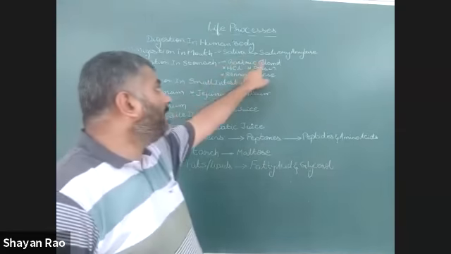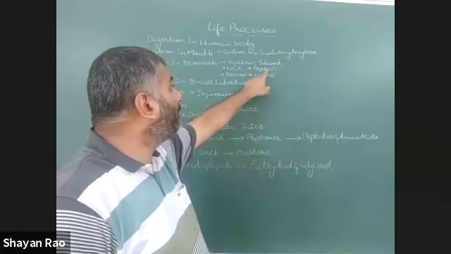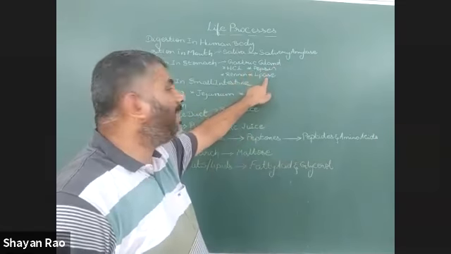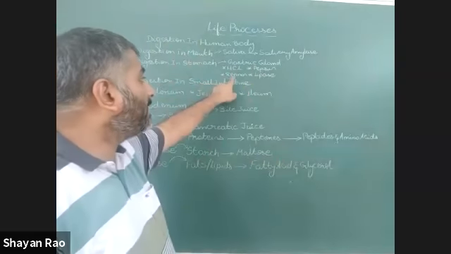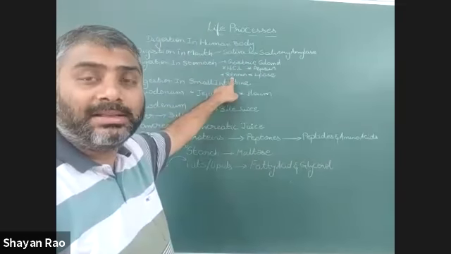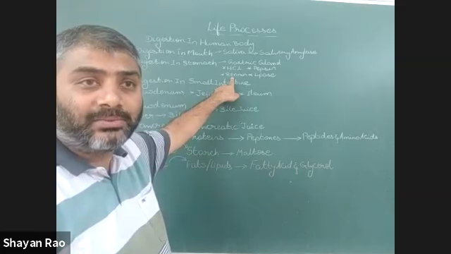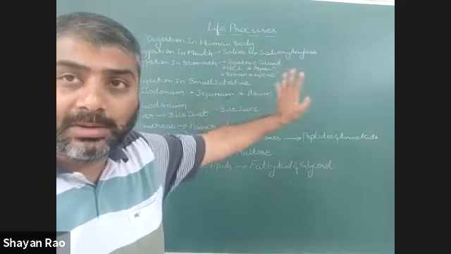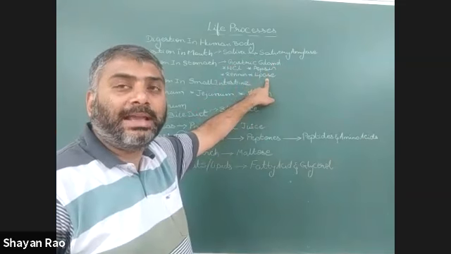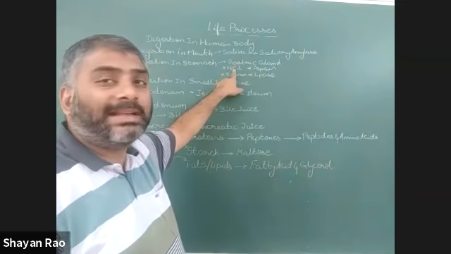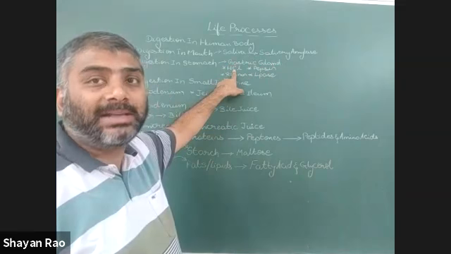Please remember, in the gastric glands the enzymes were pepsin, renin, and lipase. And in the last class we understood that renin is secreted only in infants, not in the adult body. So pepsin and lipase become the most important enzymes. Hydrochloric acid is required to make the food acidic.